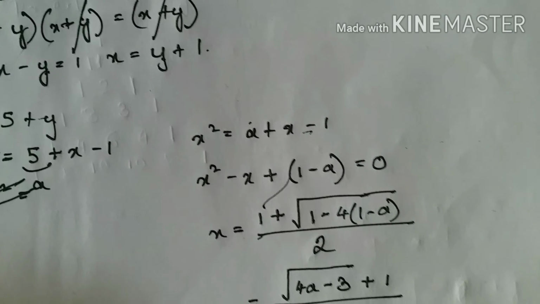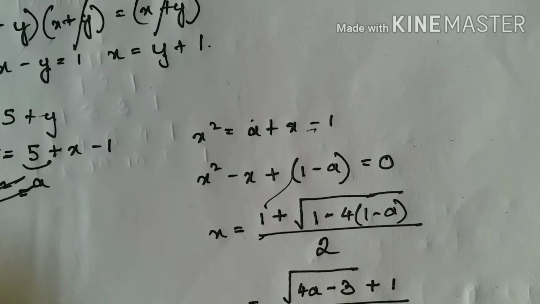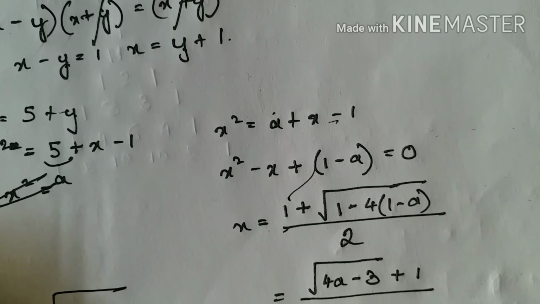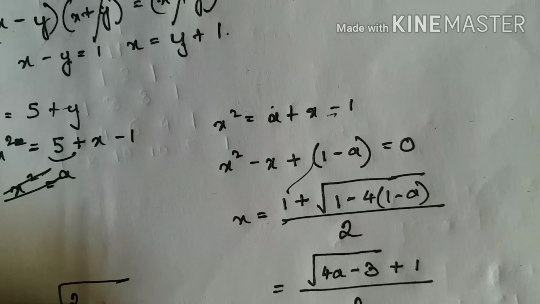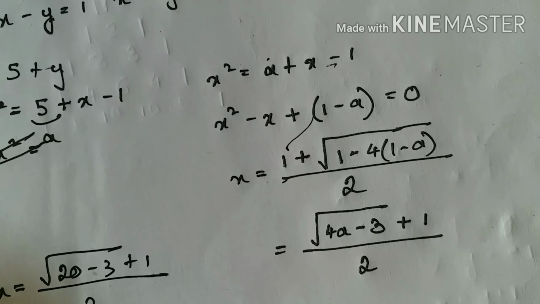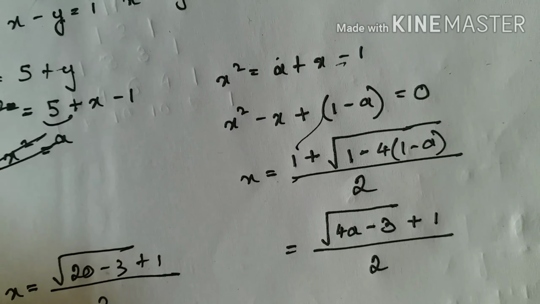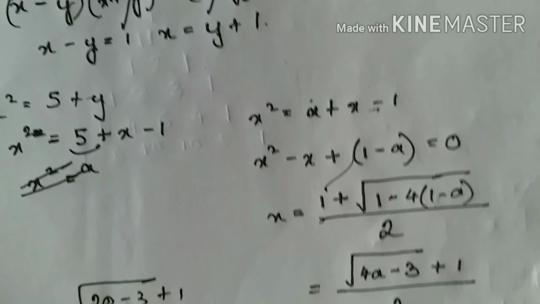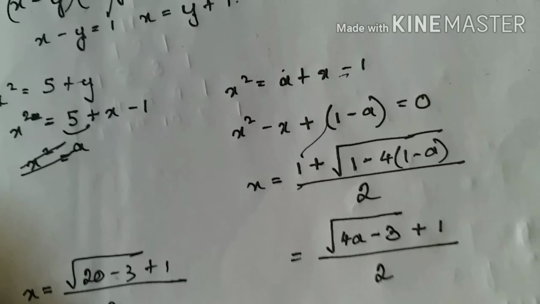So now if we put 5 here, we will get x is equal to root over 20 minus 3 plus 1 by 2, which is root over 17 plus 1 by 2. This is the answer of question number 5.